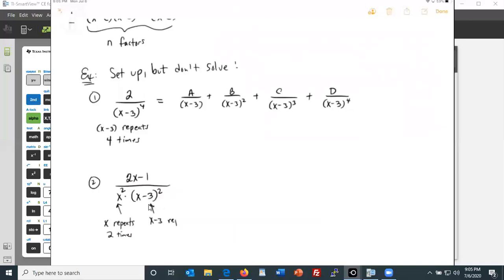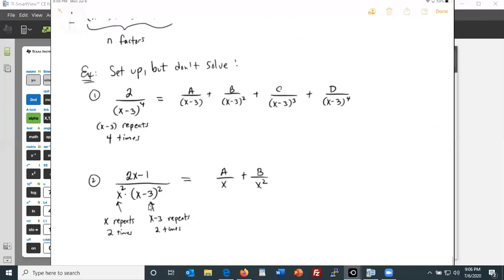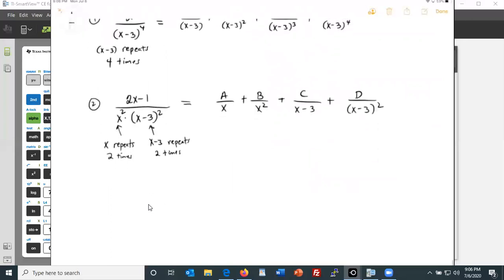X minus 3 repeats 2 times because it's squared. So altogether, I'm going to need 4 partial fractions. I need 2 for the first factor and 2 for the second factor. So I would write this as A over x plus B over x squared. So those first 2 terms take care of the repeating x, and the next 2 terms will take care of the repeating x minus 3. Okay? And we add them, right? We add them.